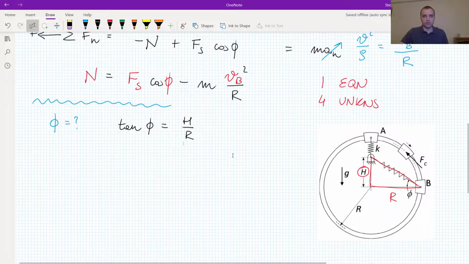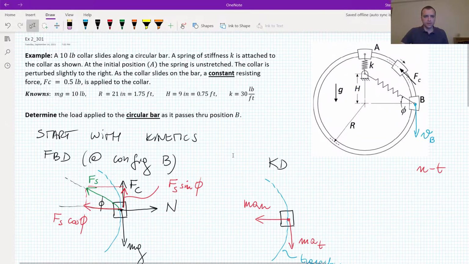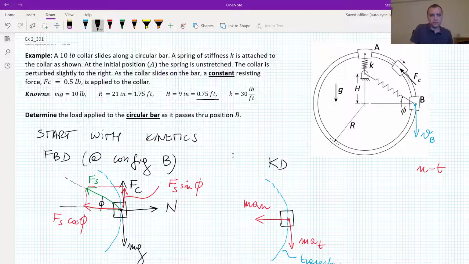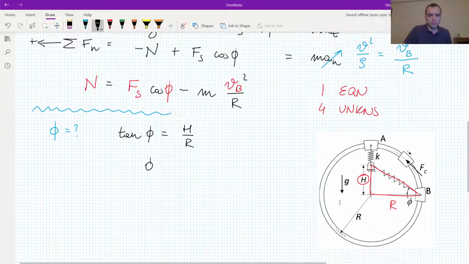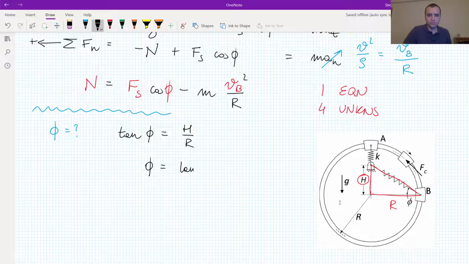Let me scrub the board. So our H is 0.75 and our R is 1.75. So our phi is equal to inverse tangent of 0.75 divided by 1.75.